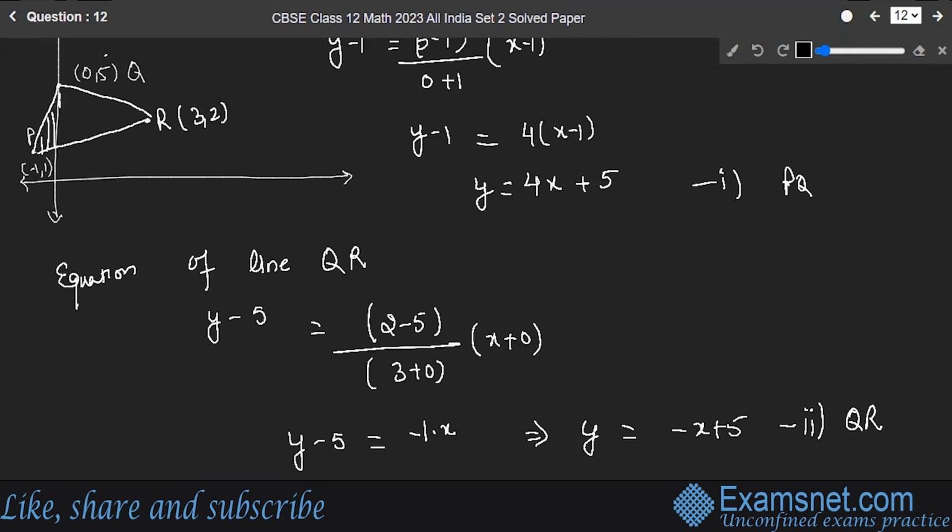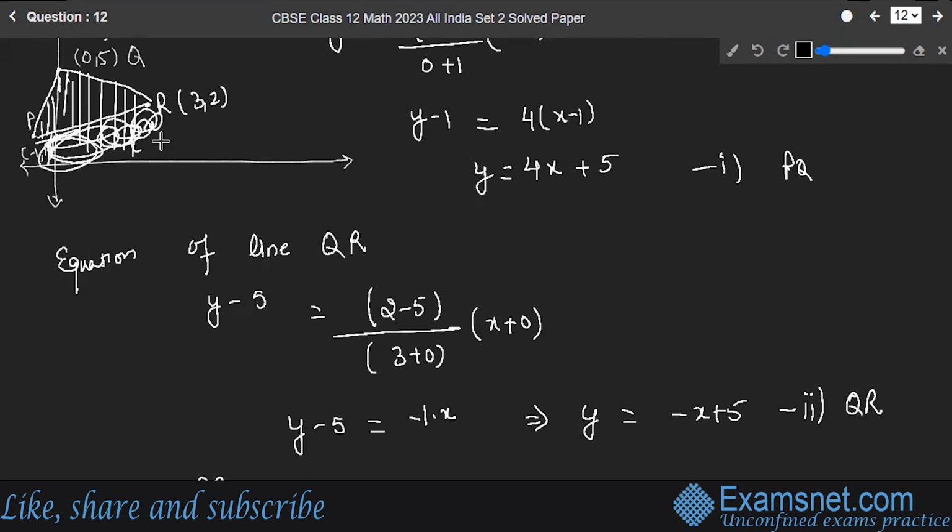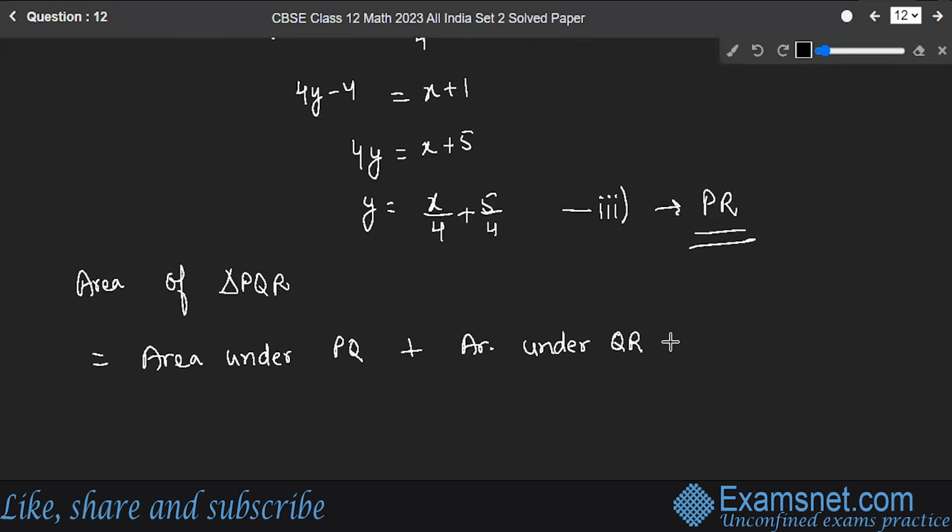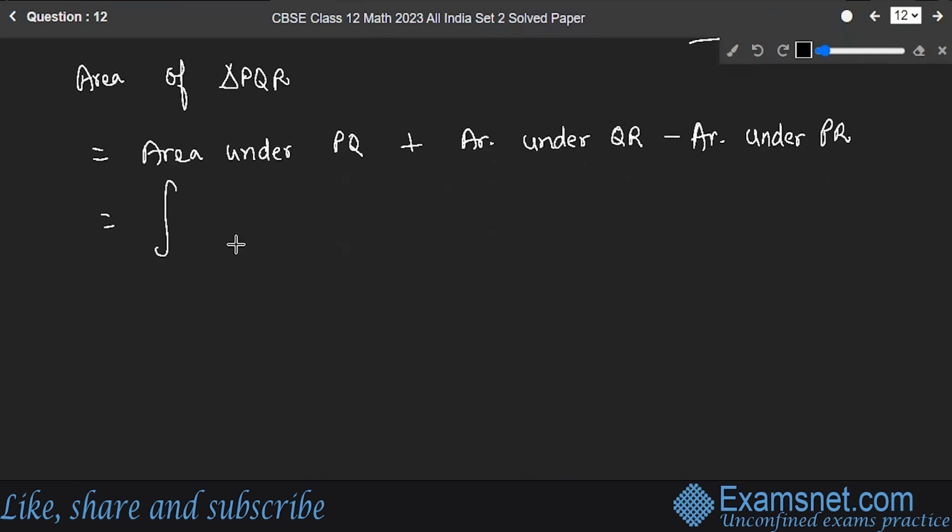This whole area, right, till here. And the area plus area under QR, so this whole area also will be included, but we have to minus this area because we don't need this one area. So minus area of PR. Hope you understood this thing. Minus area under PR, right? So that is equal to, we have to just write down the equations.